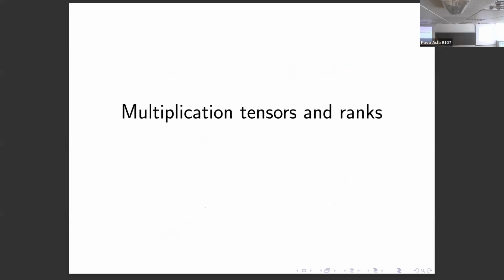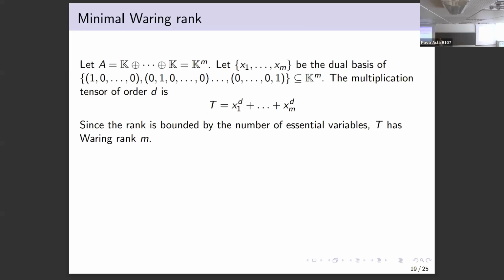Okay, so how can we use all this machinery for the problem of computing ranks of tensors? We're going to start with a very innocent observation, which is computing the structure tensor of K to the m. This algebra is as simple as possible multiplicatively, because the points on different copies of K don't interact with each other.